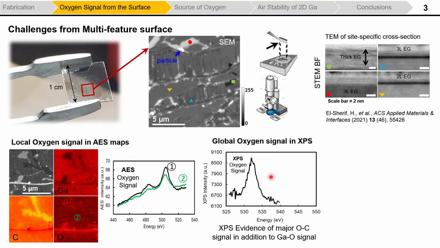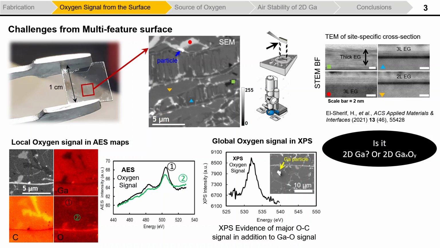We could find two types of oxygen: mainly oxygen bonded to carbon and a minor oxygen signal bonded to gallium. Because we see particles on the surface, we could understand that this wide range of micro and nanoscale particles could be the reason for the oxygen gallium bonding.